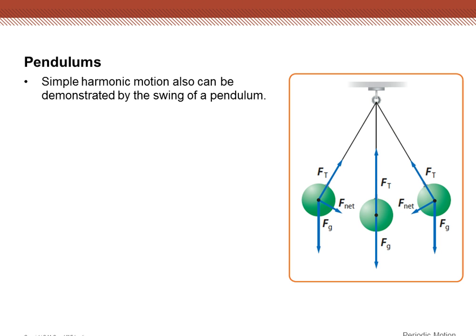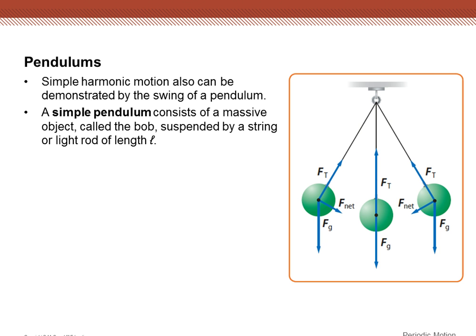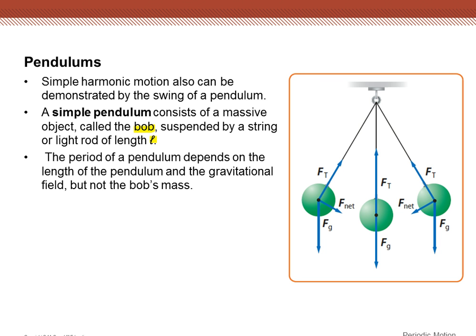And so we consider a simple pendulum to consist of a massive object, and we call that the bob of the pendulum, and it's suspended by some type of string or a light rod of length L. Now, typically we say this string or rod is massless, or the mass is negligible compared to the mass of the bob. And the period at which this swings back and forth is dependent upon the length of the pendulum and the gravitational field, but not the bob's mass.